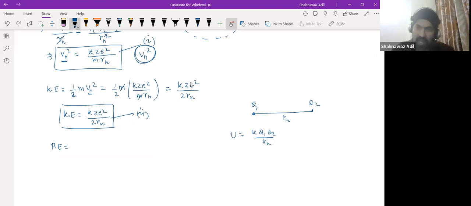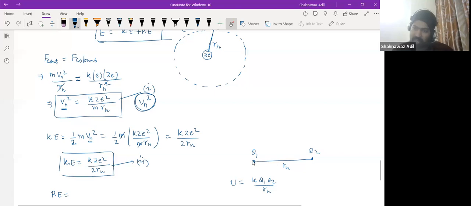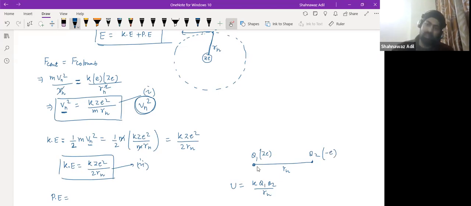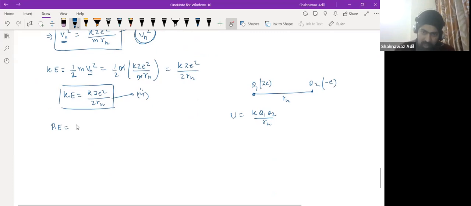So we have one charged particle, the nucleus, Ze, and one charged particle, the electron, so minus e. Then how much will we get? That would be K, Ze times minus e, divided by r. Let me write Z as this, otherwise it will be confusing.